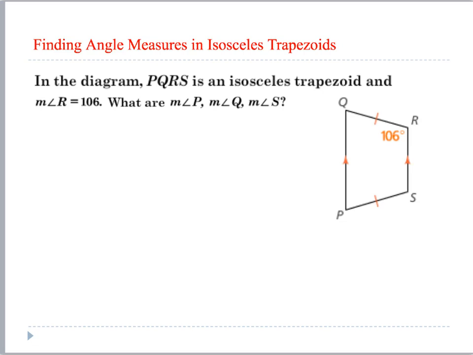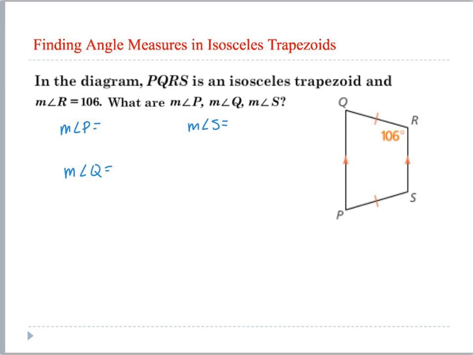Okay, this one here, similar type of problem, but now we have our trapezoid and it's just flipped on its side. All right, so we have the angle R is 106. We want to find the measure of angle P, the measure of angle Q, and the measure of angle S. All right, the trickiest thing about when it's on its side is remembering which are our base angles.